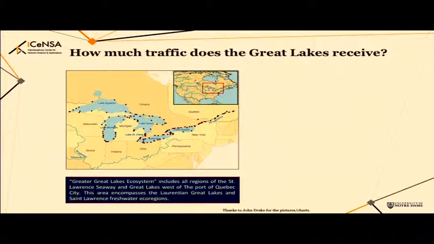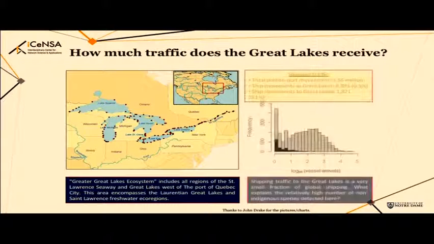The question you may ask is, how much traffic do the Great Lakes get? It's a freshwater inland port. It's not like the port of San Francisco or Baltimore, or on the Gulf coast of the U.S. They are inland ports, where ships may come to the seaport and then travel from the seaport through the river channels onto the Great Lakes.